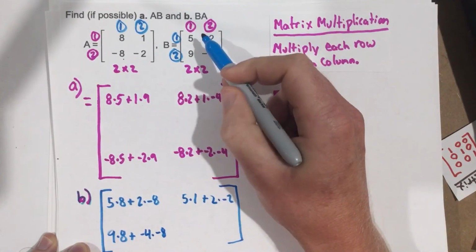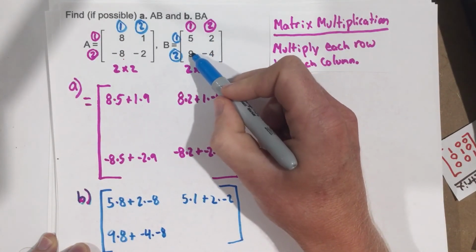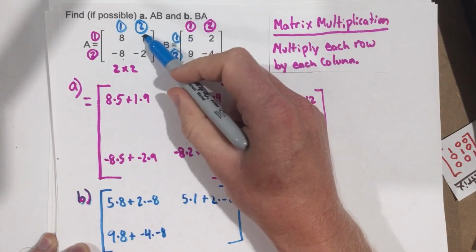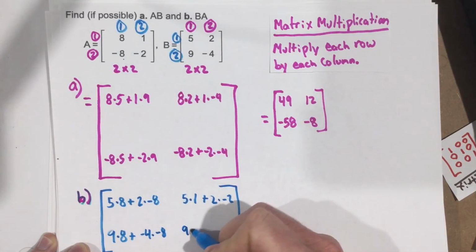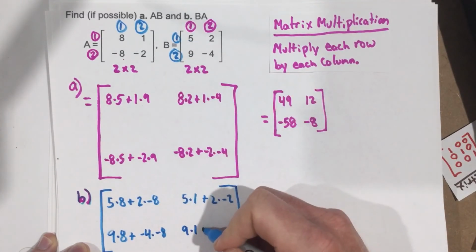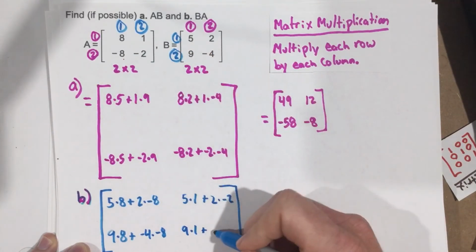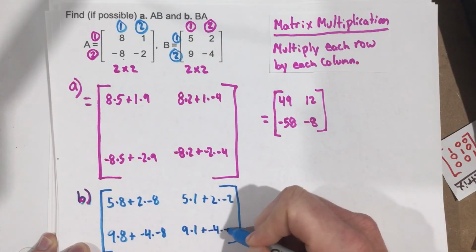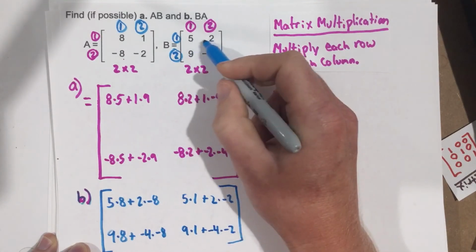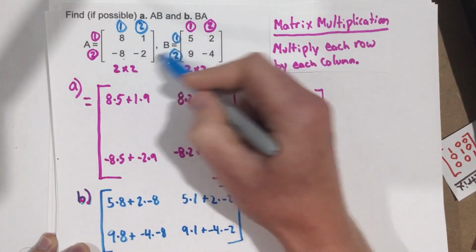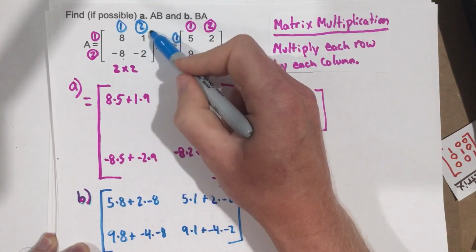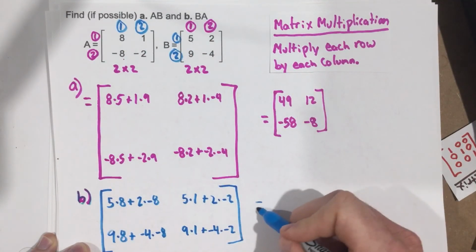And then we're going to go to 9 times 1 plus negative 4 times negative 2. You can see we did this row times this column, then this column, this row times this column, then this column. We're going to add those up.